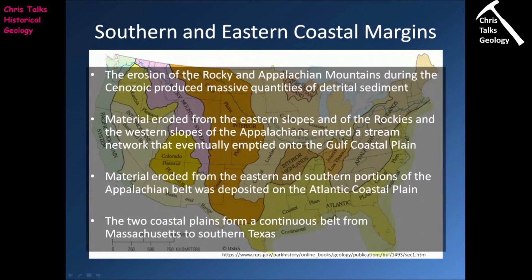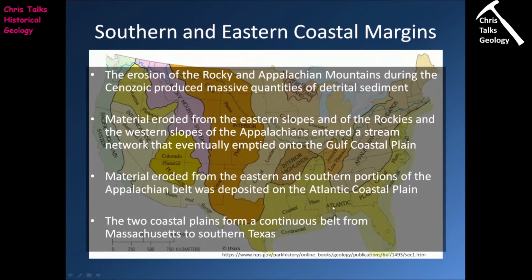All of that material is entering the central plains of North America, and it's being transported across those plains by large rivers, and those large rivers on the whole empty out into or along the Gulf Coast plain.